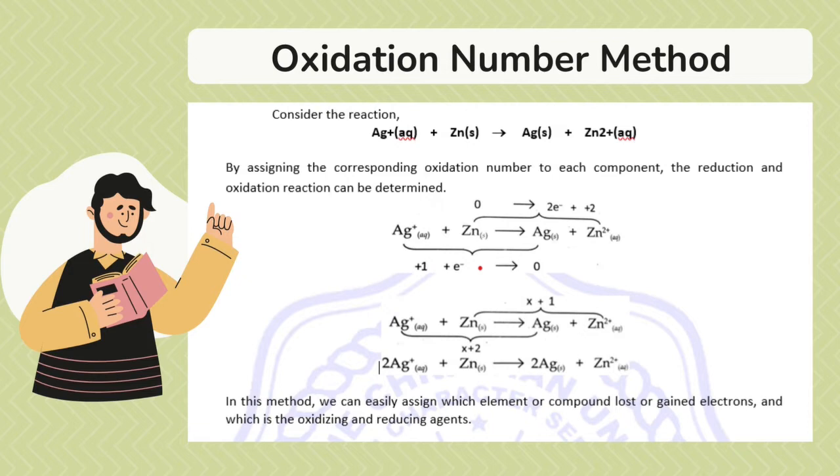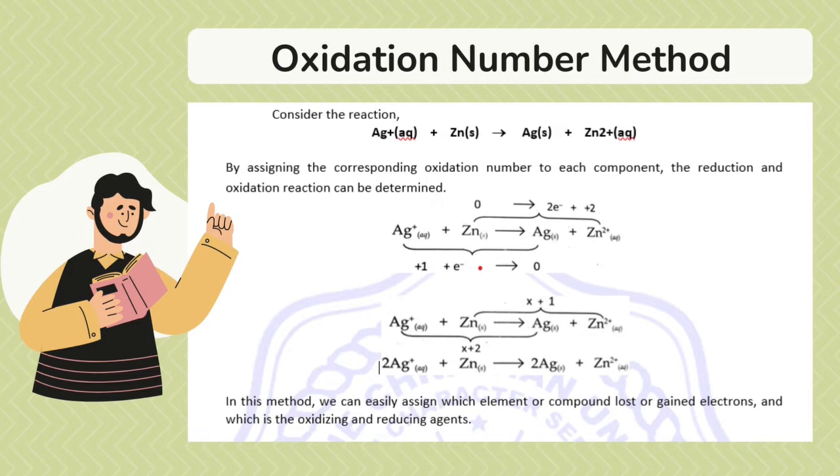This coefficient is determined by multiplying the reaction of electron gain by the number of electrons lost. The same goes for the reaction of electron loss, which is multiplied by the number of electrons gained, which in this case is 1.